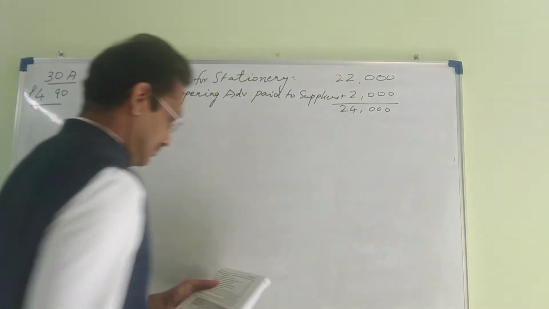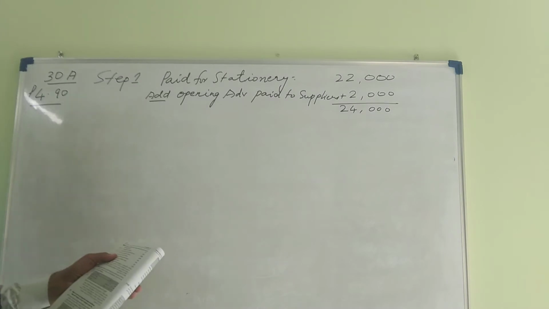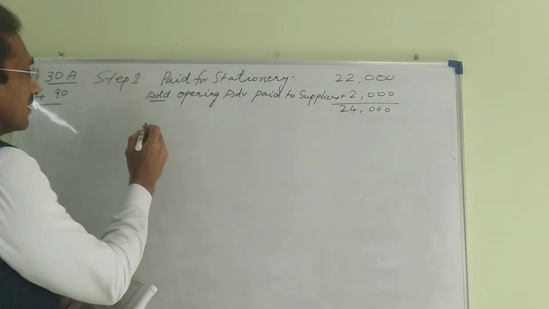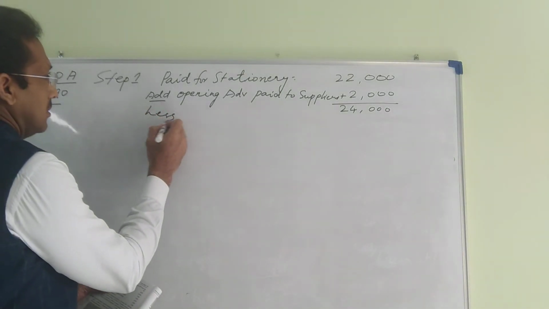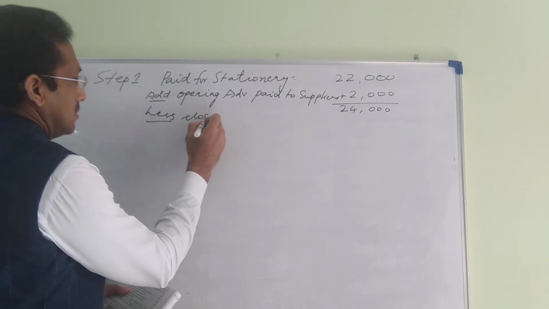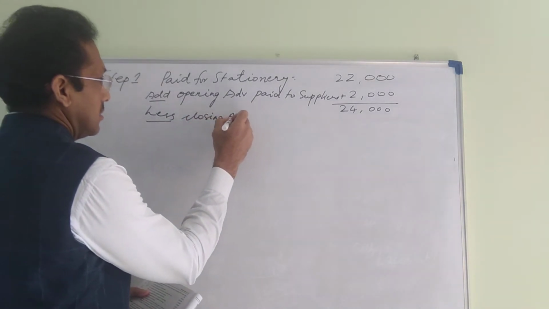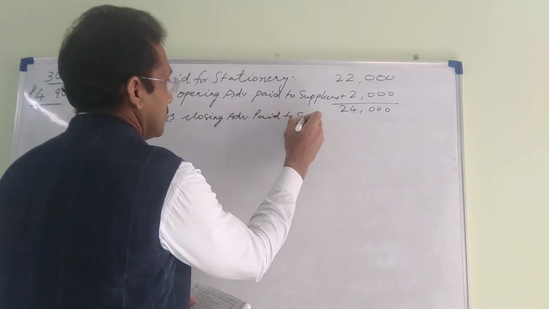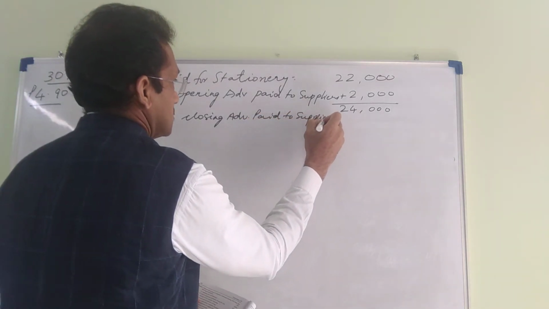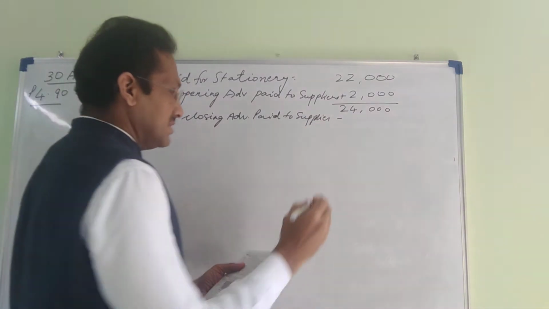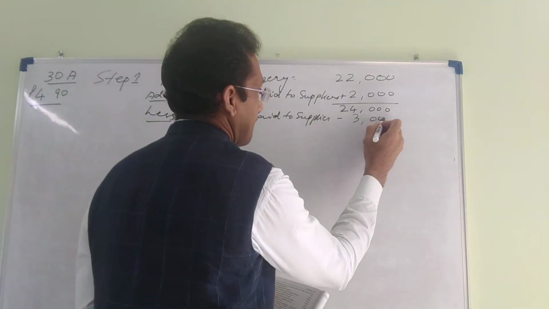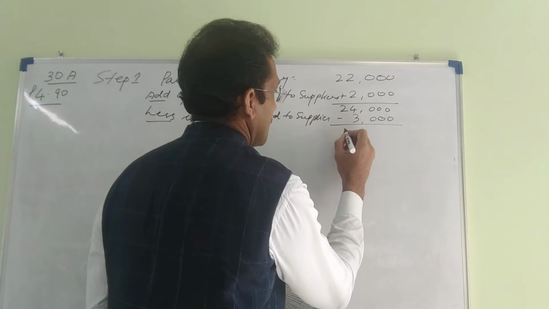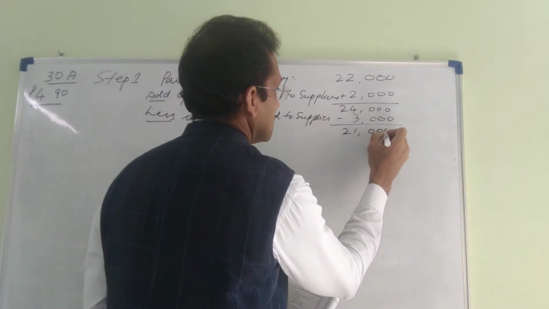24,000. Then the closing advance paid to suppliers, that is 3,000, we will deduct. So 21,000.